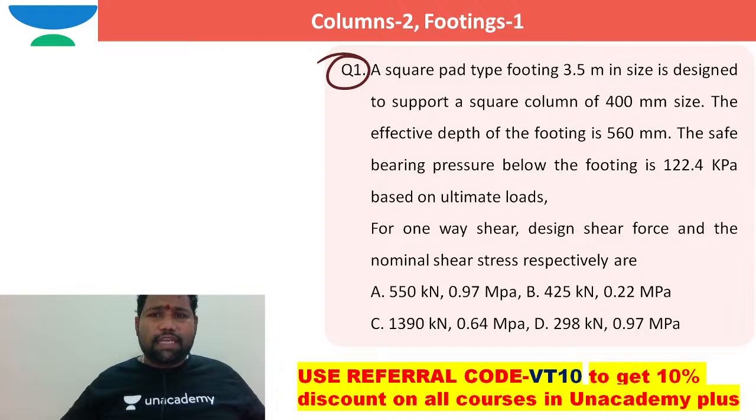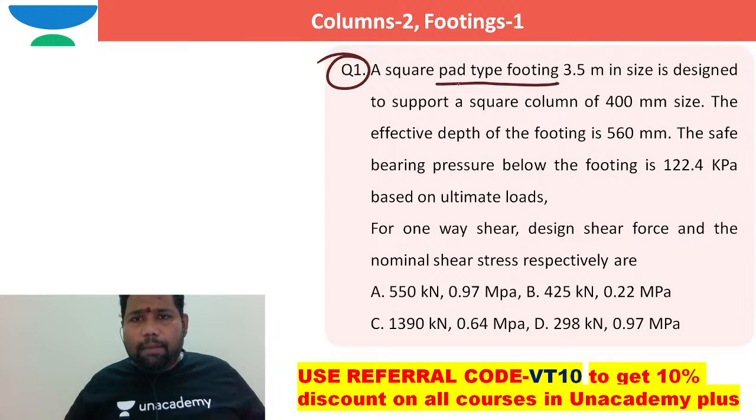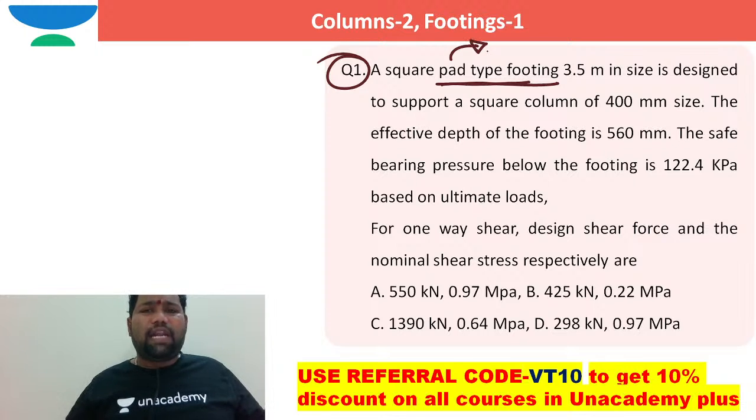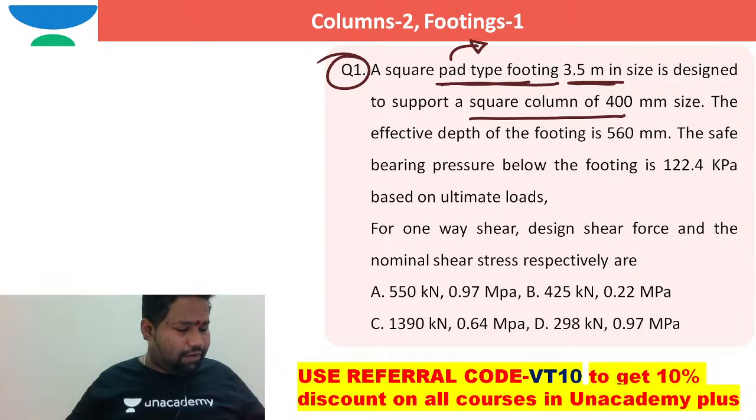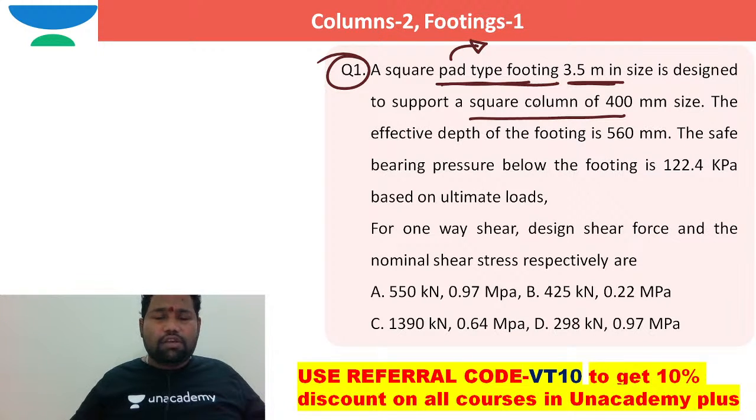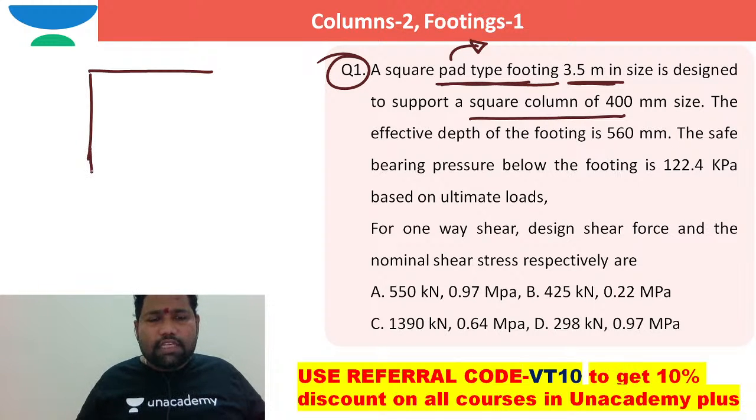Coming to the question, a square pad type of footing, a prismatic footing where the thickness of the footing is constant. The footing of size 3.5 meter is designed to support a square column of 400 millimeter size. So let me take a pad type of square footing. What is the size of this square footing?